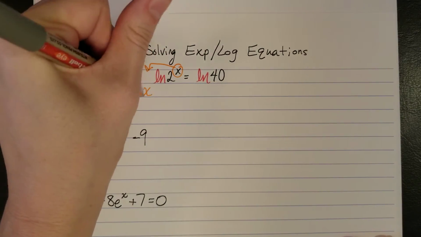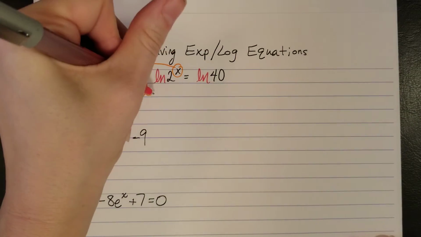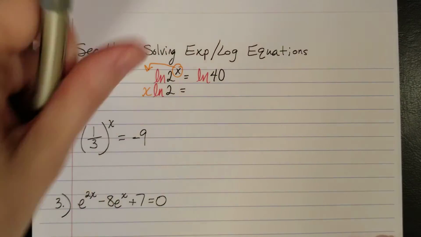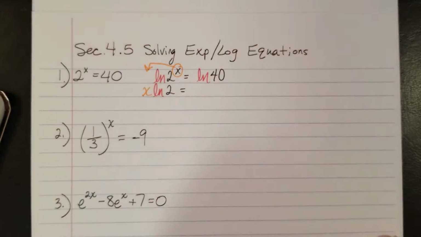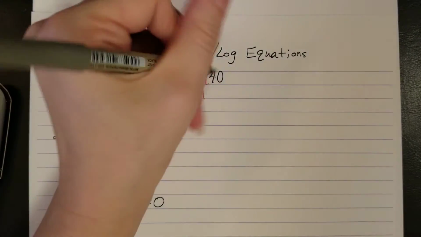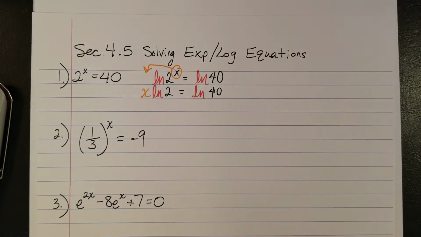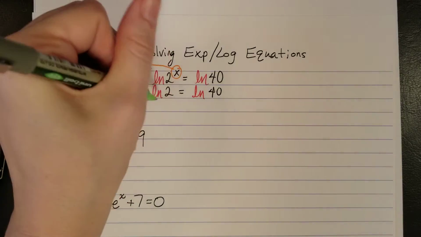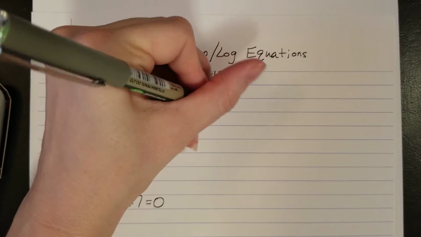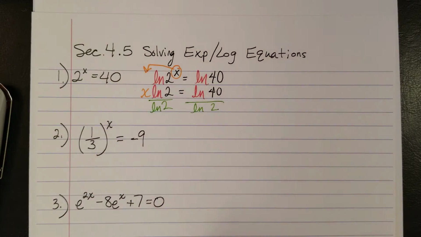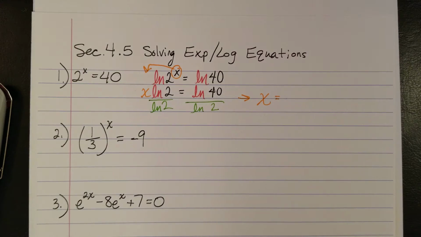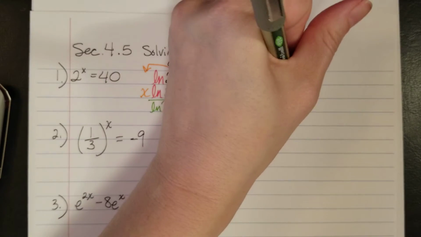So then it would be x times the natural log of 2 equals the natural log of 40. And then to get x by itself, you would just divide both sides by ln of 2. So that would give you x equals ln of 40 over ln of 2.